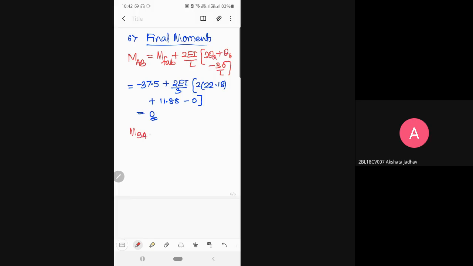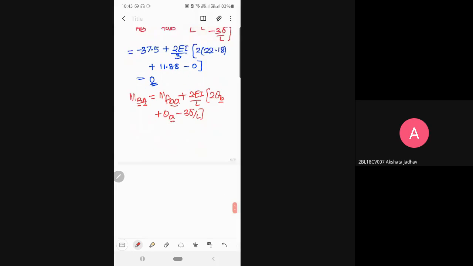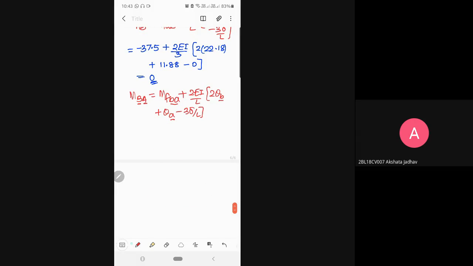MBA. What is MBA? MBA equals MFBA plus 2EI over L into bracket 2 times theta B plus 1 times theta A minus 3 delta over L. First alphabet is B, second alphabet is A. So BA. Clear? Substitute the values. MFBA is plus 37.5, clockwise, plus 2 by 3.